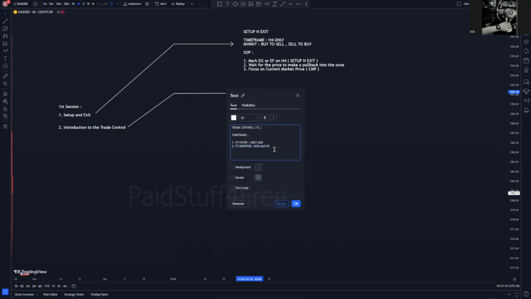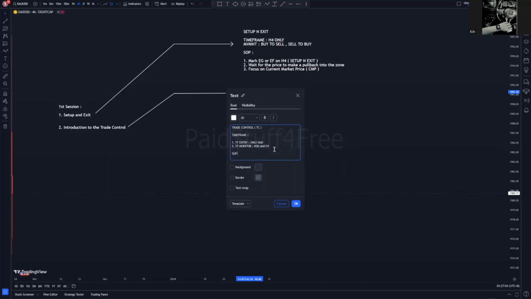For those who can catch up with the schedule, it's going to be really helpful for you. In the first and second session, I'm just going to use M30, so strictly no H1.